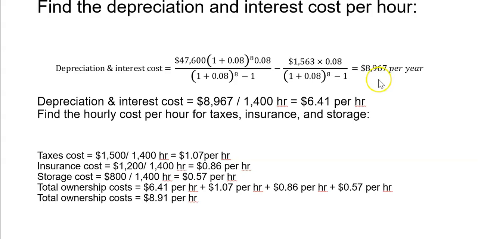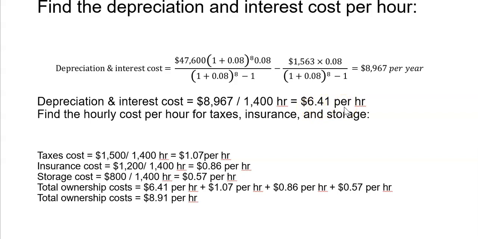To do so, you need to know the total number of work hours in 1 year, which is also given to you. You just look into the given data on the list on page 96, and you will see it says useful life 7 years at 1,400 per year. So that's where you use that number. You convert this number, 8,968 divided by 1,400 hours, and that gives you 6.41 per hour.